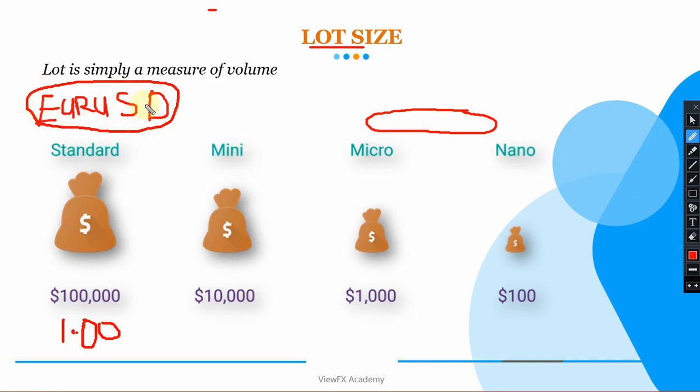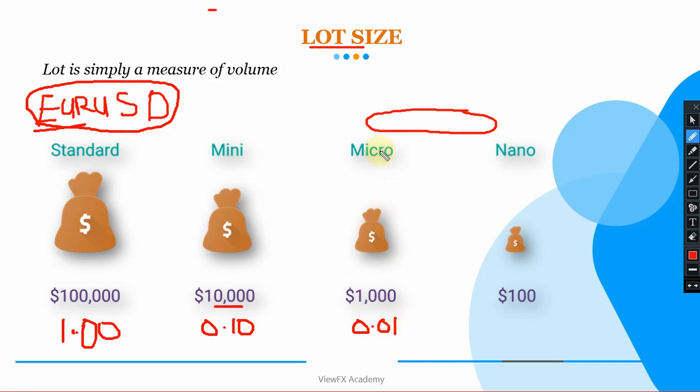If it's Euro USD, that means I'm buying 100,000 units of the base currency, which is euro. If I go with mini, I have to choose 0.10, and that means I'm buying 10,000 units of euro. And if I go with micro, it's going to be 0.01.